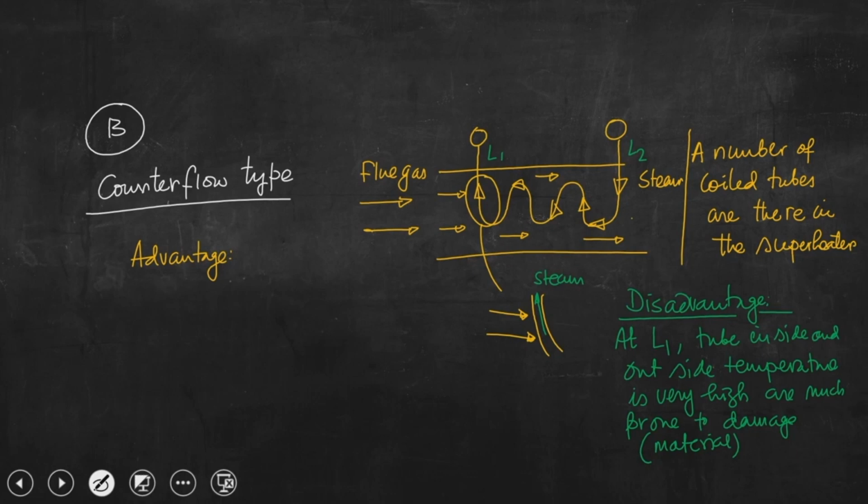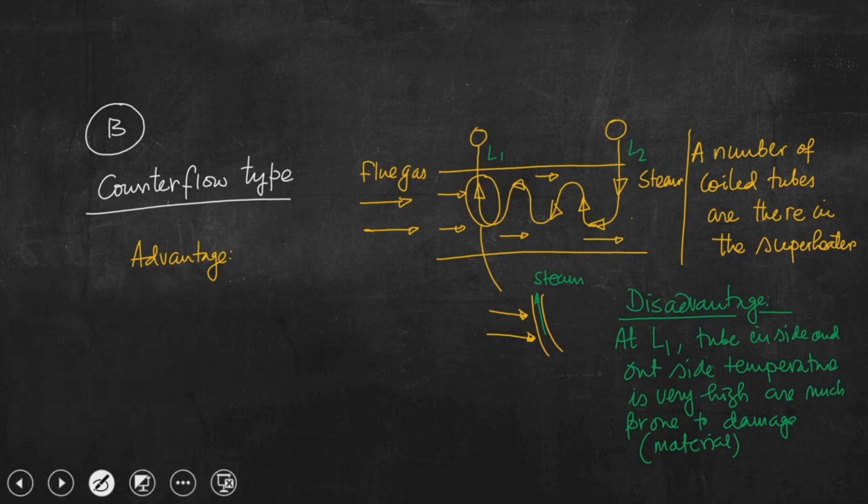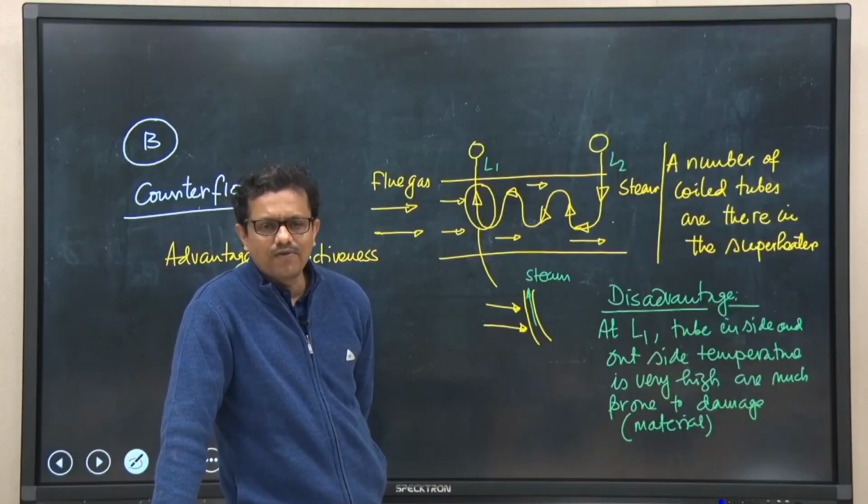What is the advantage? Definitely the advantage is that effectiveness is more. This is quite intuitive, because we all have studied in the context of counter flow type heat exchanger, effectiveness is more.